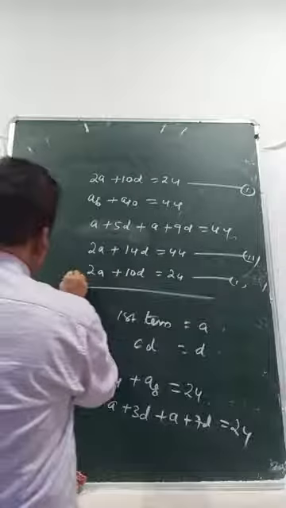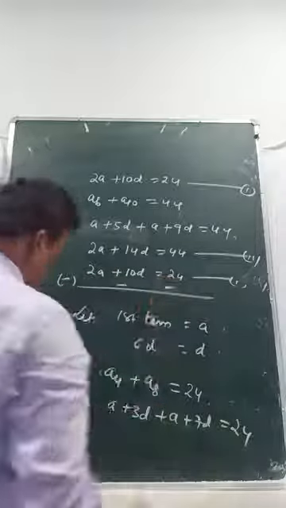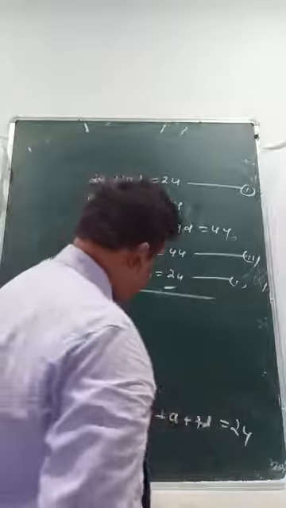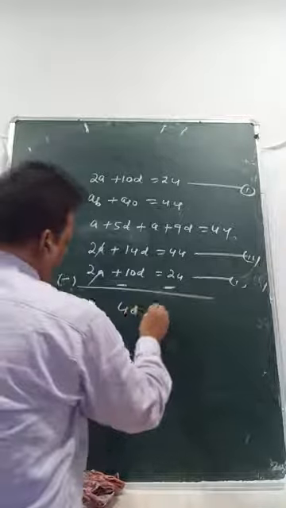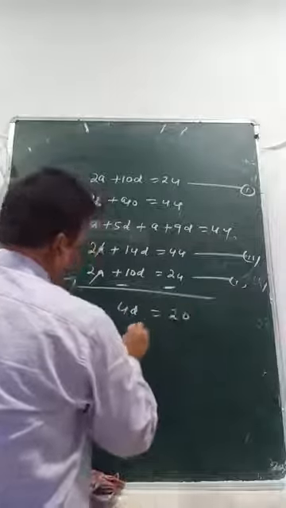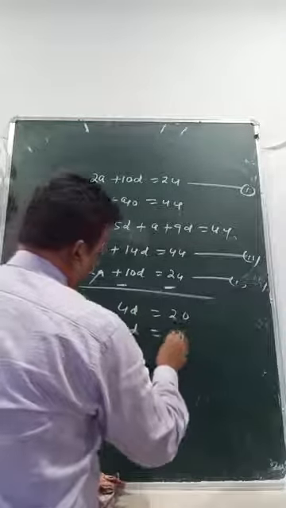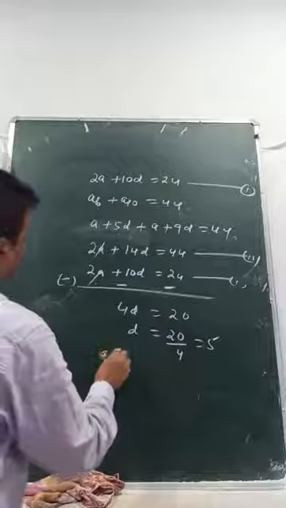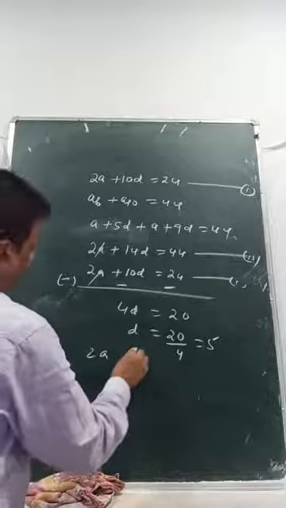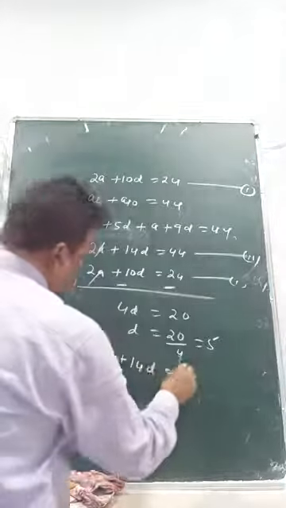Subtract. How much you got? The 2A is cancelled. 4D equals 20. D equals 20 by 4, that is 5. Now 2A plus 14D equals 44.